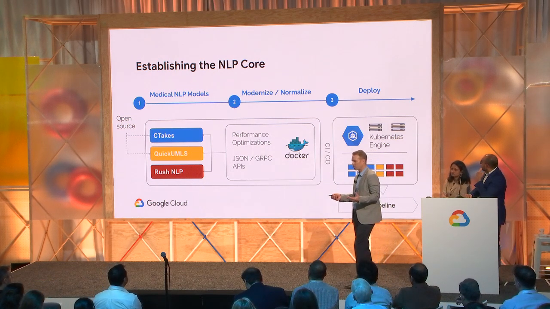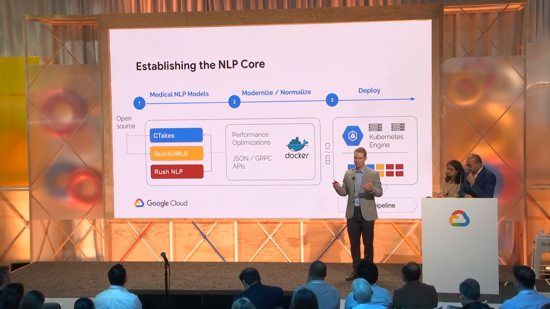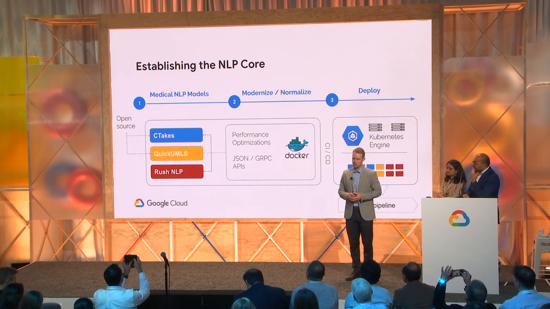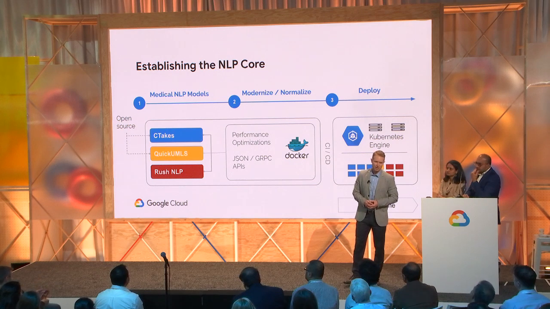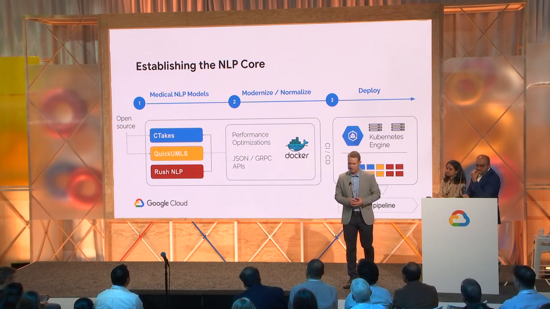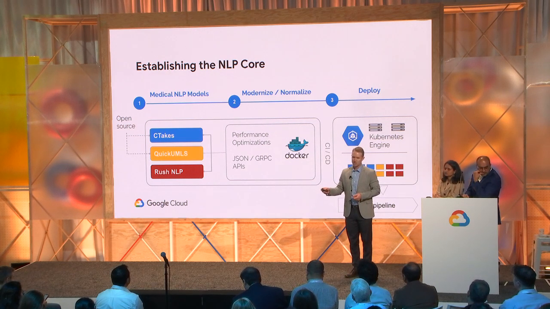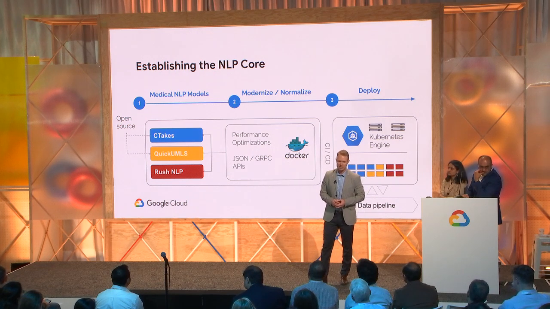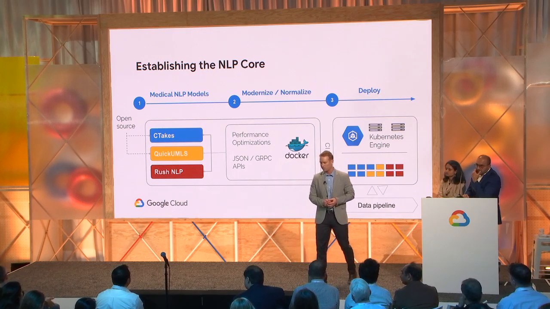They had varied support for APIs. So the second step was to modernize and normalize those applications. So we performed some optimizations in threading and around performance, and then we implemented web-friendly APIs in JSON and gRPC. Finally, containerizing and then moving to Kubernetes Engine. And this was key to providing that auto-scaling capability and cost control that Rush was looking for.